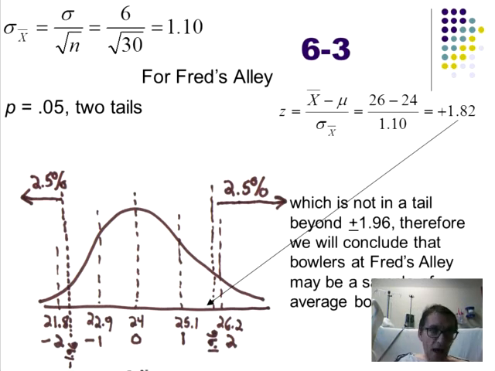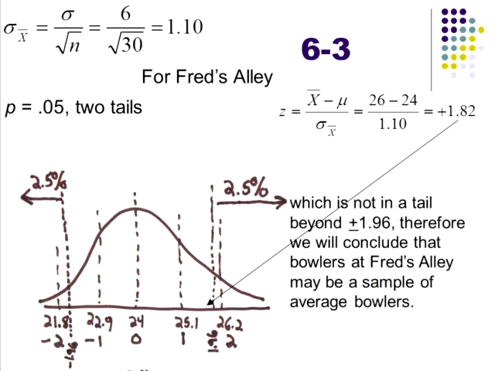If the areas beyond 2.5% equal regions of rejection, the other areas equal non-rejection. So positive 1.82 is not in a tail beyond plus or minus 1.96. Therefore, we're going to conclude that at Fred's bowling alley, these probably are just average bowlers. There's nothing really special about Fred's bowling alley.